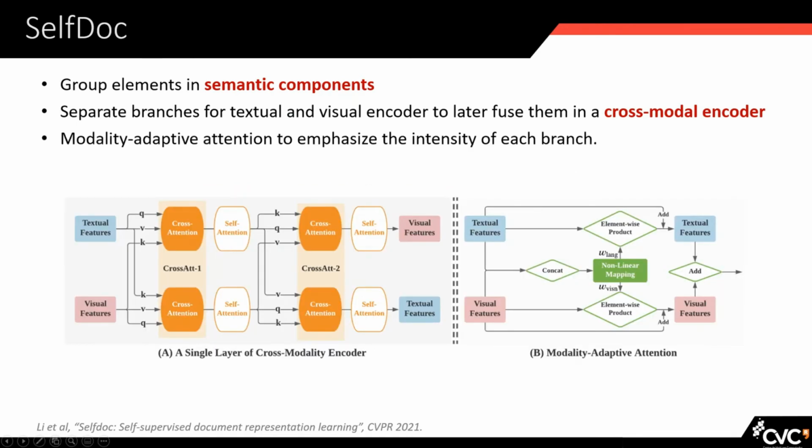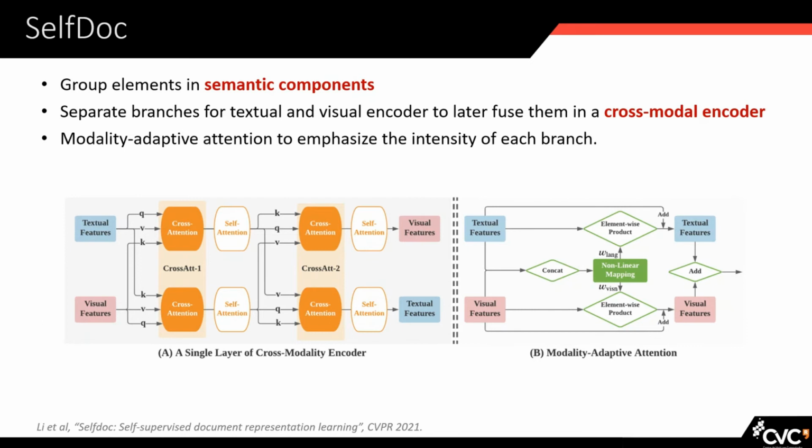And for downstream usage, they propose a modality-adaptive attention mechanism for multimodal features. The general idea of this is to apply different, dependent attention weights to the two modalities to emphasize or diminish the intensity of language or vision features depending on the kind of document that they are tackling.